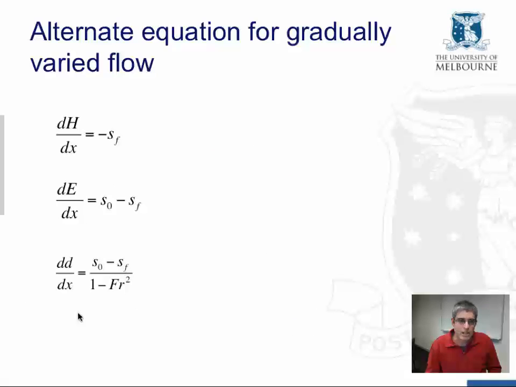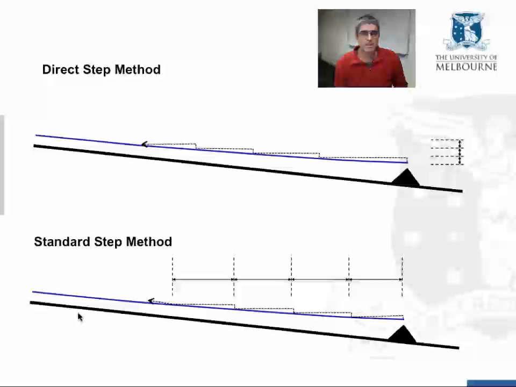Now these three equations, we apply to model water surface profiles. We solve these equations numerically, and there are two general approaches for doing this: the direct step method and the standard step method. In the direct step method, we consider, for a given change in water depth or stage, what distance upstream we go to get that depth.